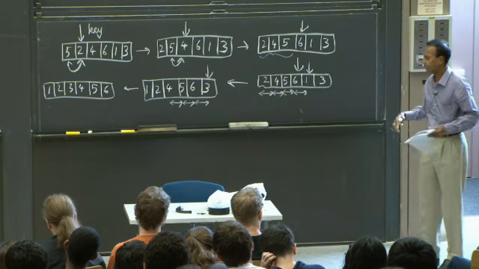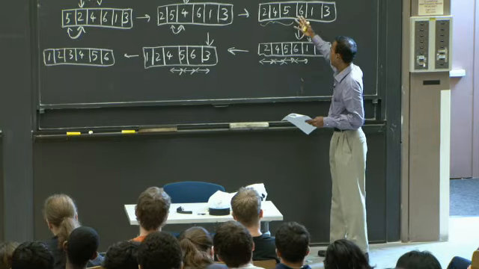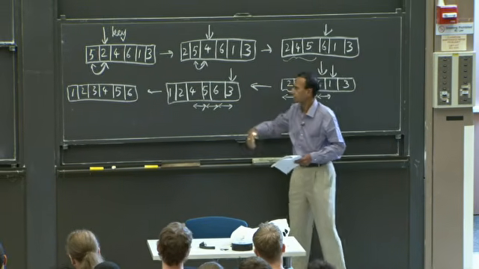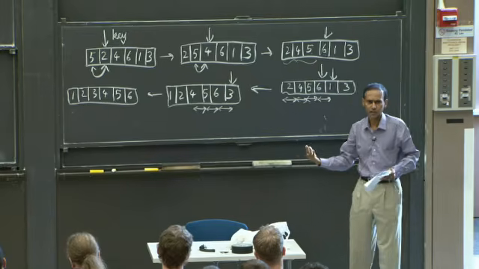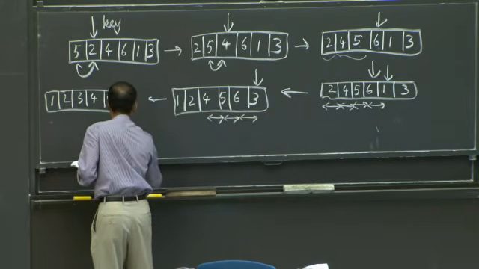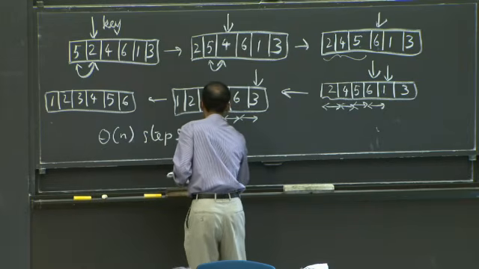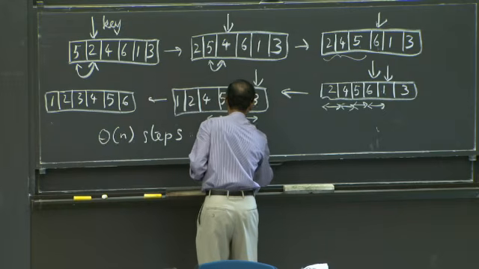I have theta n steps. In this case, you can think of it as n minus 1 steps since you started with the second element. But let's just call it theta n steps in terms of key positions.